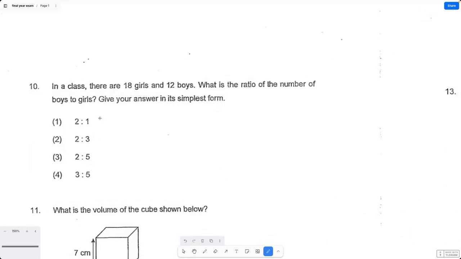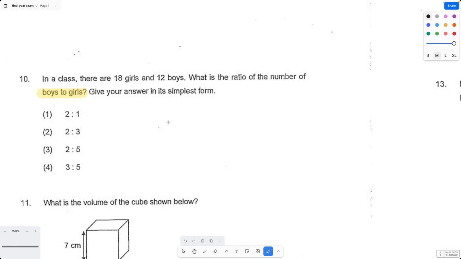Question number 10. In a class there are 18 girls and 12 boys. What is the ratio of the number of boys to girls? Give your answer in the simplest form. Read this well. It says boys to girls, not girls to boys.